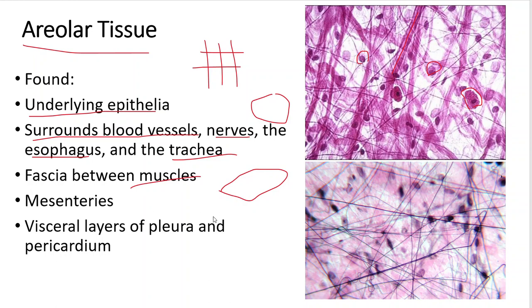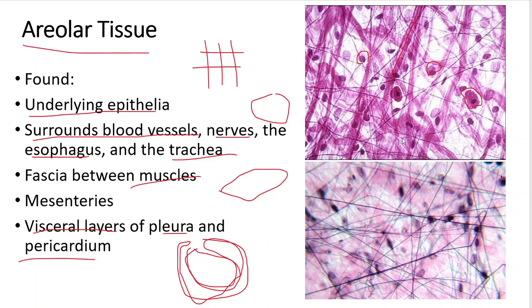Mesentery is connective tissue that attaches the bowels to the back of the abdominal wall. Visceral layers of the pleura and the pericardium. If you remember, we were talking about you've got the parietal layer on the pericardial cavity, and this guy reflects back the visceral layer.